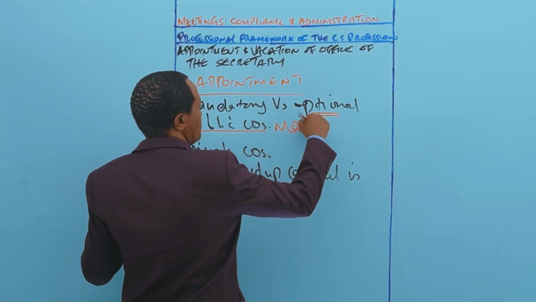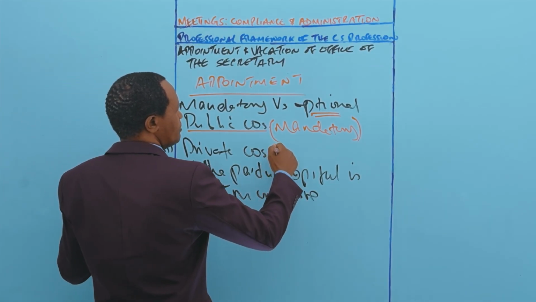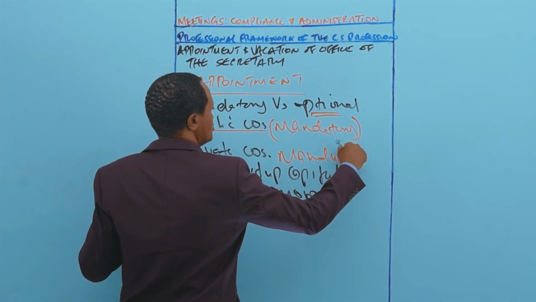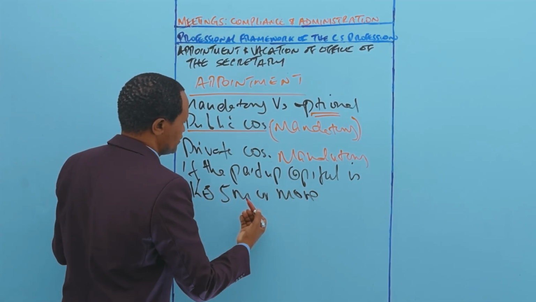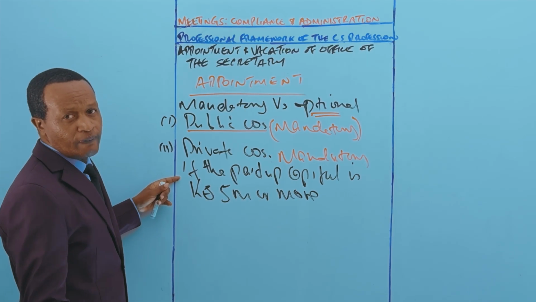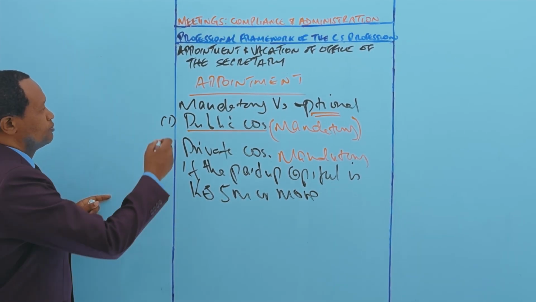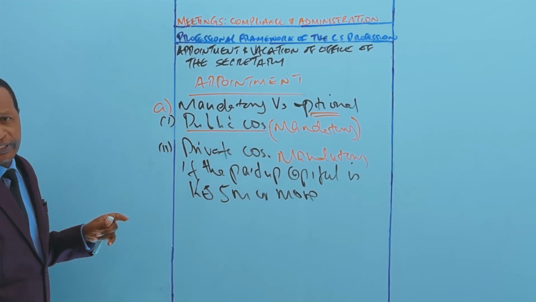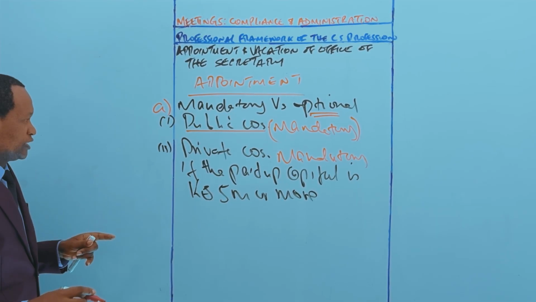It's mandatory. For private companies, it's only mandatory to have a company secretary if the paid up capital is 5 million shillings or more. If it is less, then it's optional. You understand? So that's the first important point when it comes to appointment. That distinction is very important.